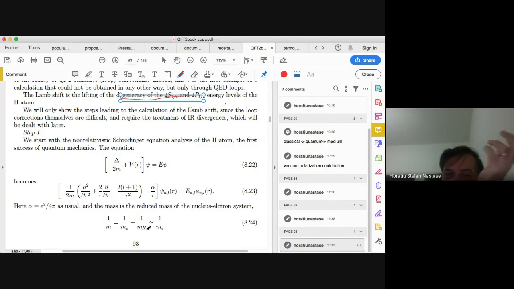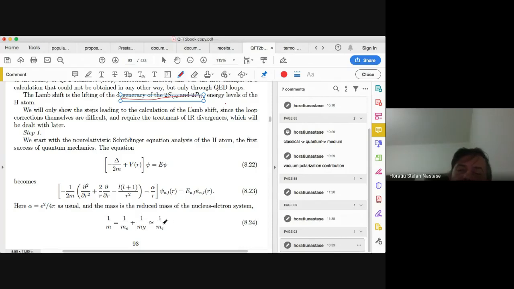But since the electron mass is about half an MeV, and the nucleon is about, I think, 1800 times that, that means the correction of the nucleon mass is very small.